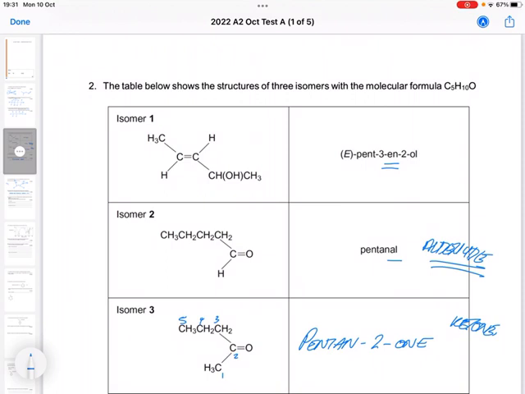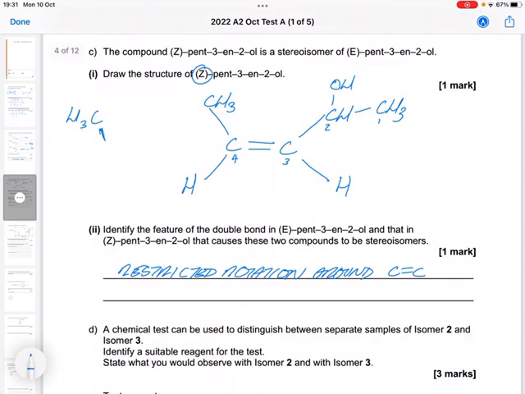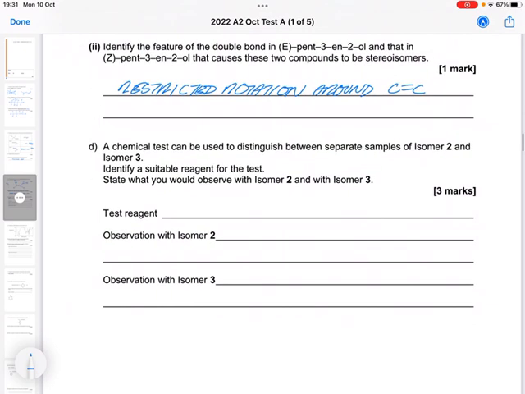Any one of those three will do, but I'm just going to pick Tollens reagent. I will talk through the results of the others in a moment. With 2, that's the aldehyde, so I'll get a silver mirror or a silver precipitate, and no observable change with 3.